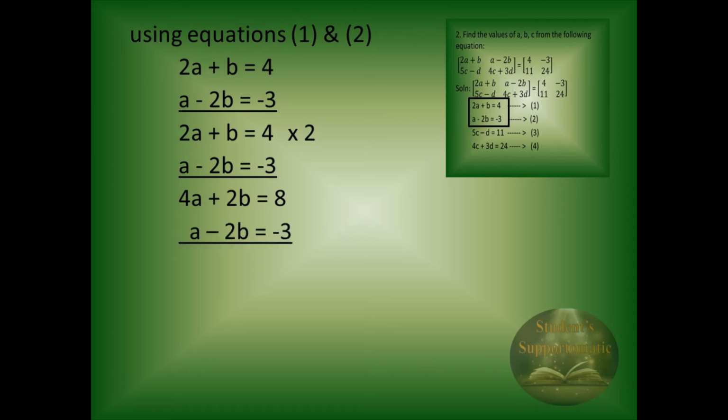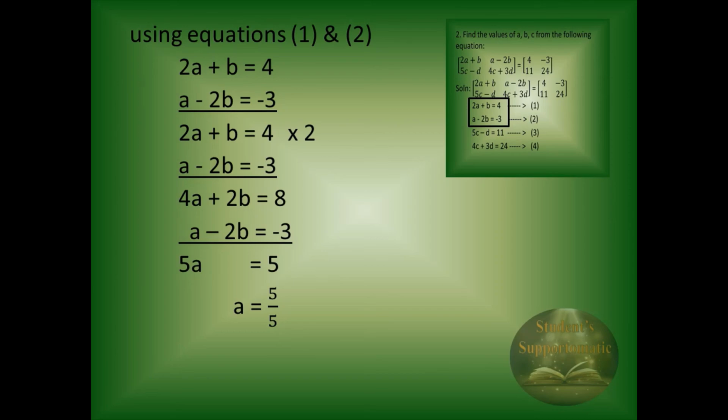The next equation is multiplied by 1, so all values remain the same. Here, plus 2b and minus 2b get cancelled. So we get 5a, because 4a plus a is 5a, that is equal to 8 minus 3, which is 5.